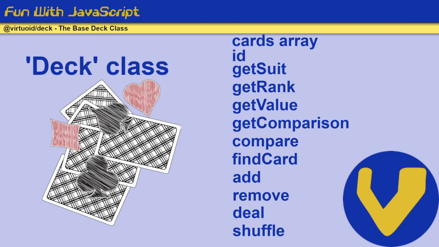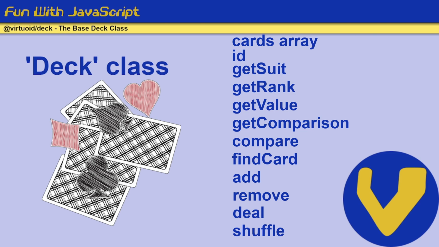Think about it: in poker, you have a deck that's the actual deck itself, but each player is holding a deck too. Maybe a deck of only 5 cards or so, but it's still a deck of cards. So our dealing is in reality just a transfer of a card from one deck to another deck.